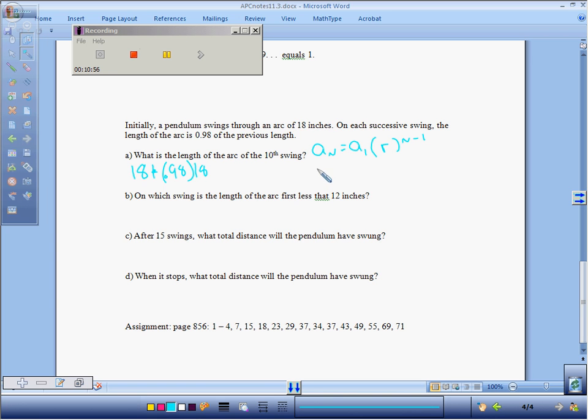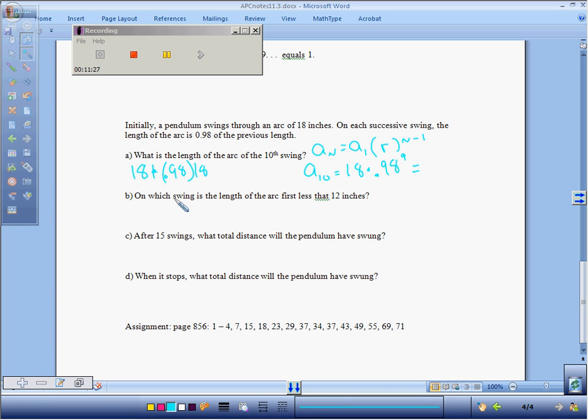So if I want the 10th term, which is a sub 10, I would plug in the first term, which is 18, times 0.98 to the 9, because that's 10 minus 1, and I will get some answer.